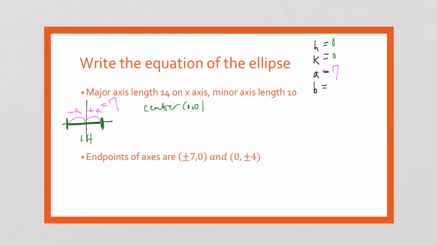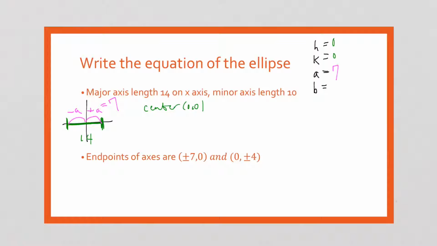So A is 7. Because the formula sheet says semi-major axis. Semi means half. So half of the major axis is A. Alright? Because this half is 7 and this half is 7. So together they make 14.